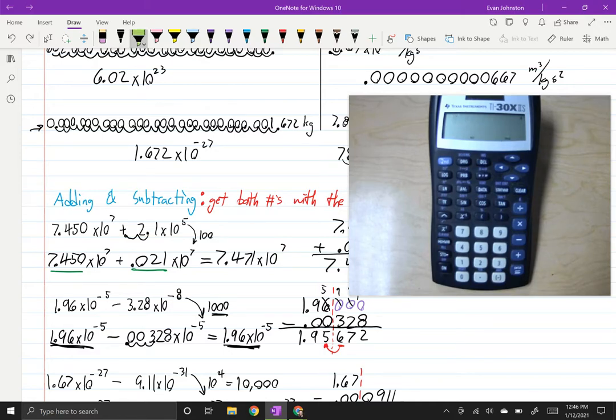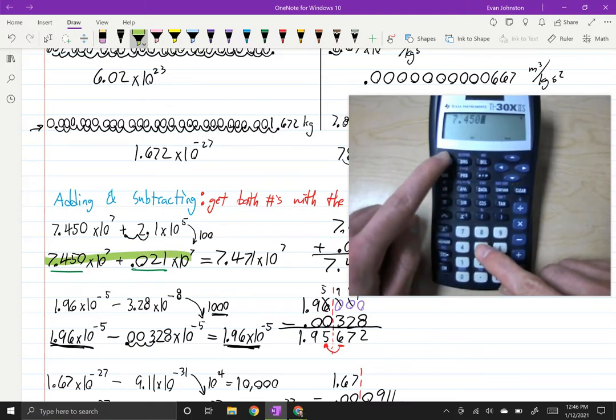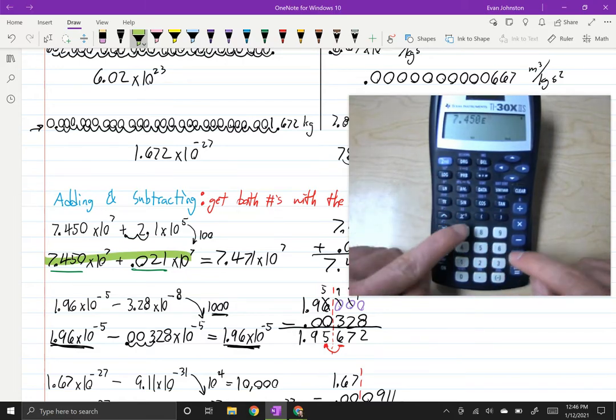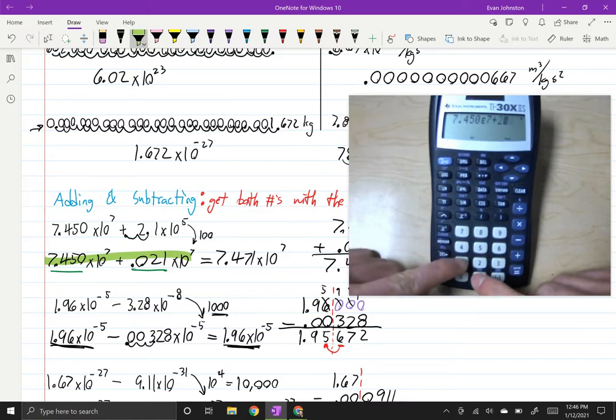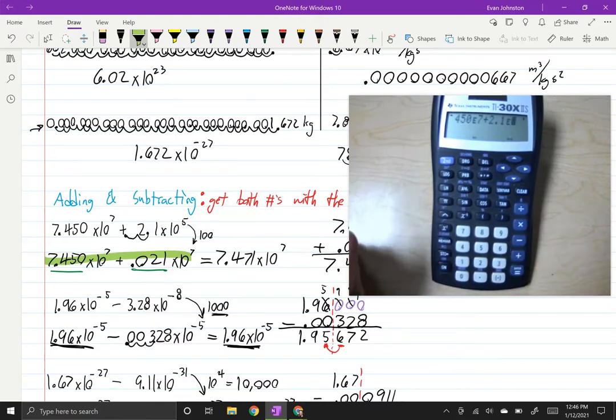So I want to go and write both of these here. So I have 7.450 second e, so that number times 10 to the 7th, plus 2.1 second e, that means 2.1 times 10 to the, and now I want the 5th power.